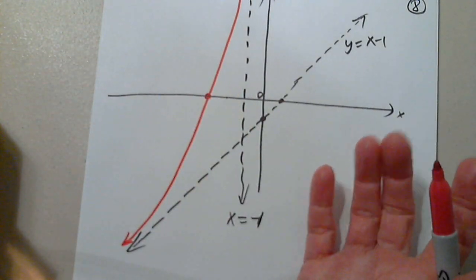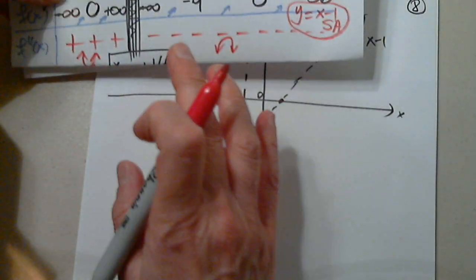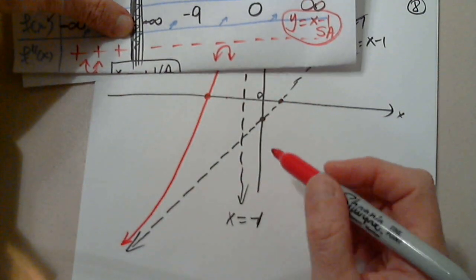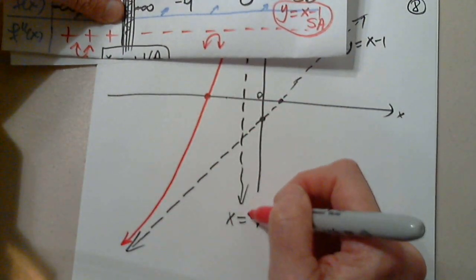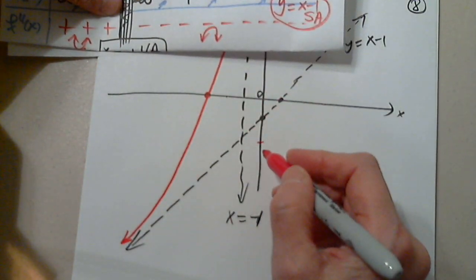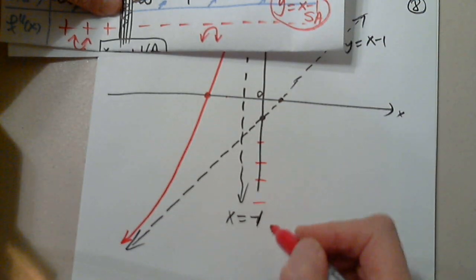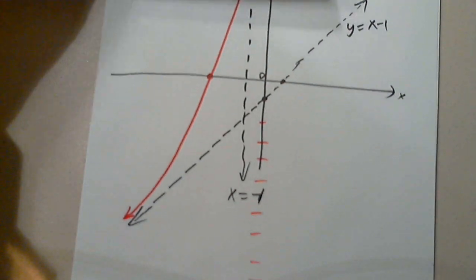We're moving on to the other side of the vertical asymptote.